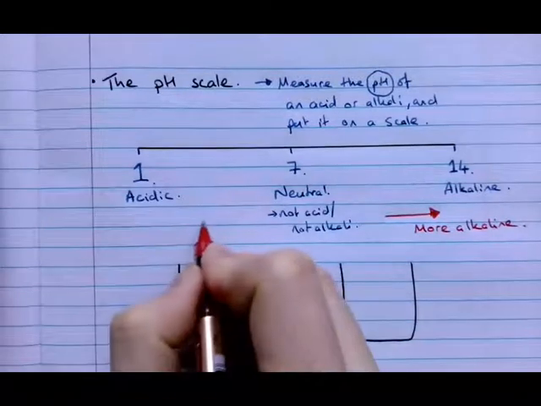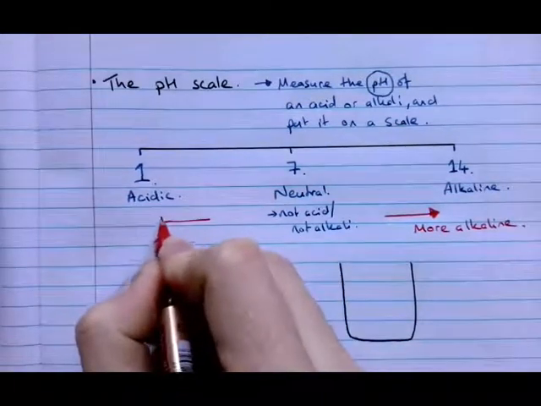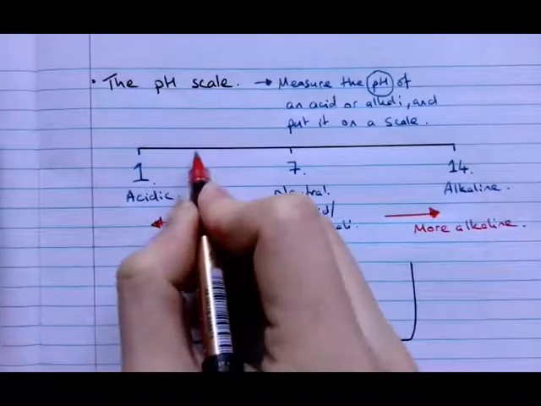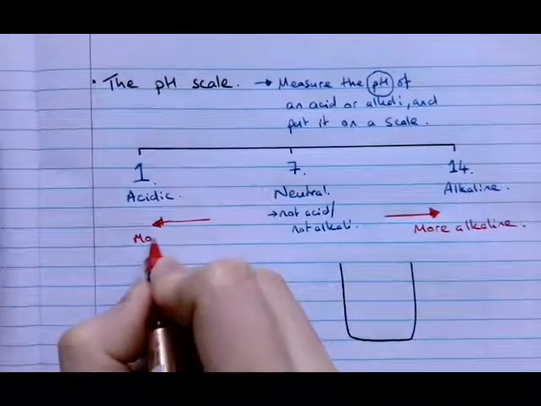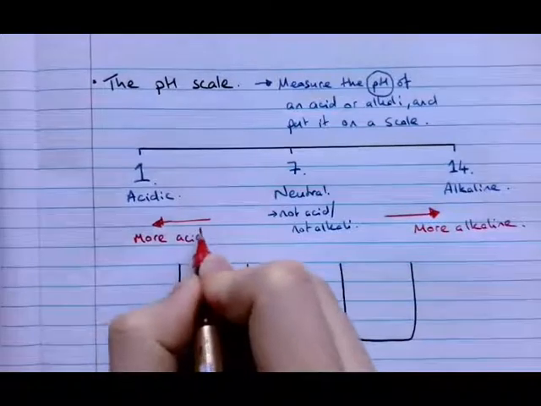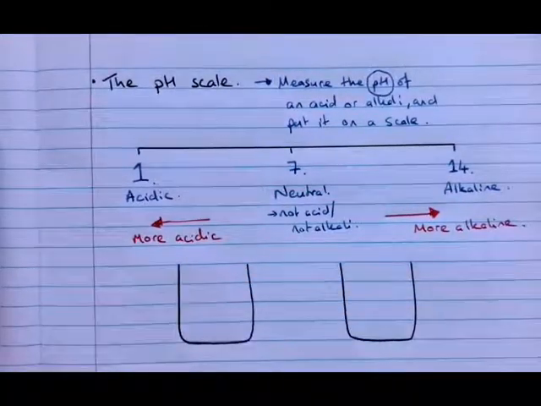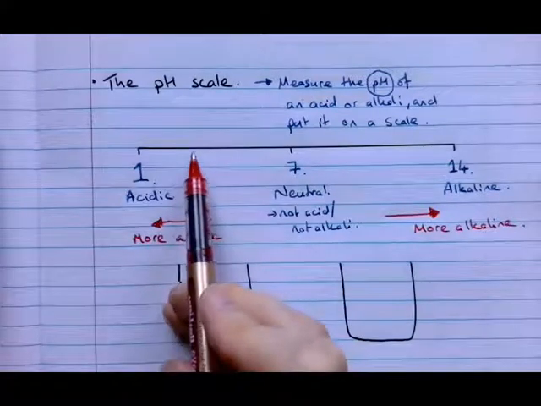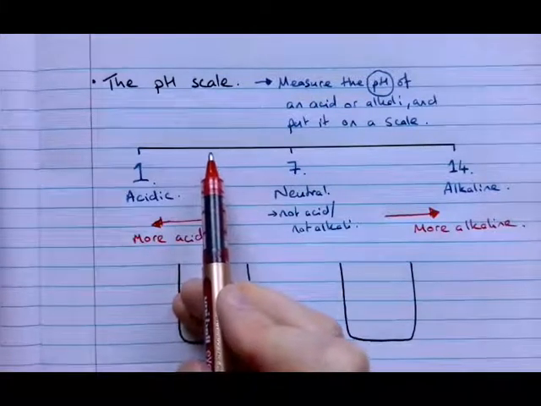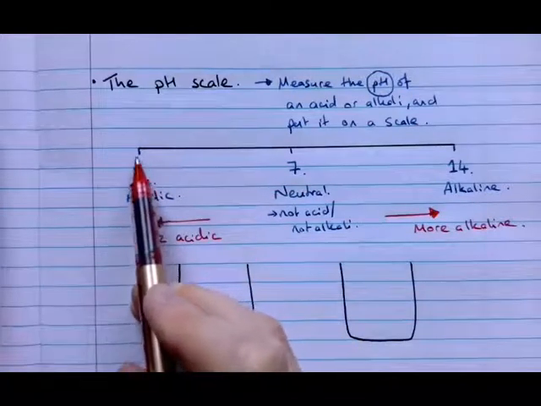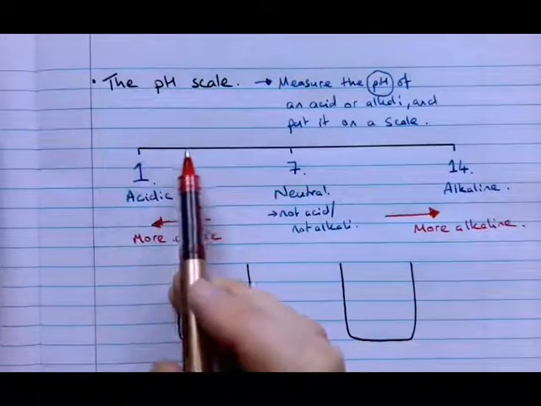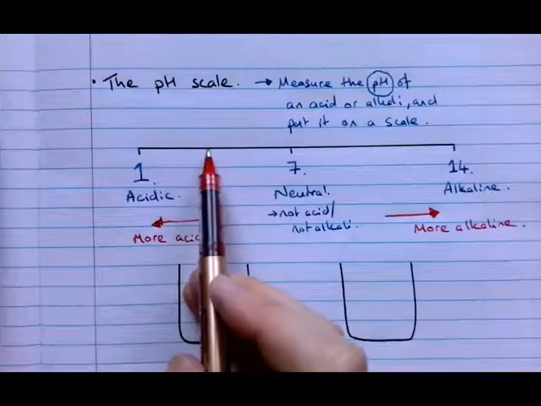And as you go down the scale, as you go from 5 to 4 to 3 to 2, things become more acidic. So, obviously, something like vinegar that you put on your chips, okay, it's not going to be right down here. That would be too acidic. It's going to be somewhere further up.